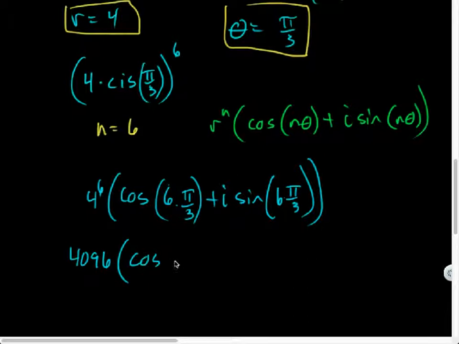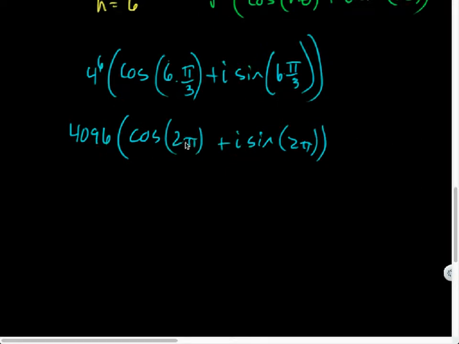Cosine of 2 pi plus i times the sine of 2 pi, right? Because 6 and 3 reduce. You guys are all master fractionites. Fractionites? Yeah, that's good. We'll call you that. And what is cosine of 2 pi? Well, that's the same as cosine of 0, which is? You got it. 1.